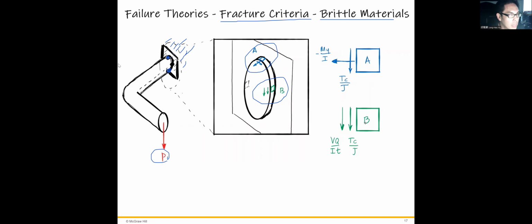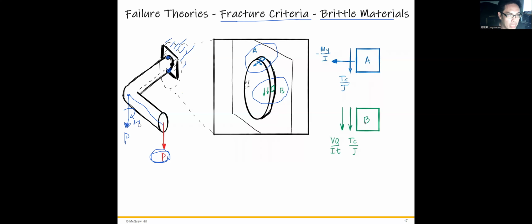So let's do some force movement. The force P can move from this position to here. When we move the force, which is not along its reaction line, there must be a moment, right?